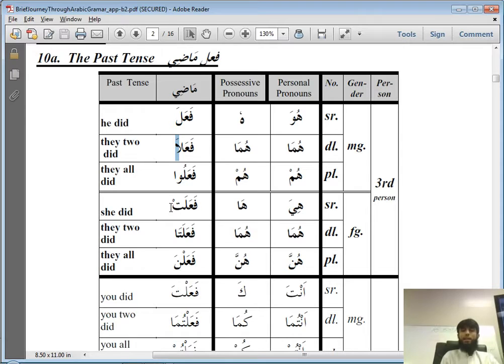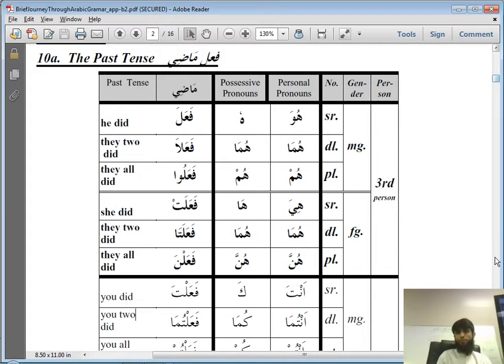Now for the female case, you just make it fa'ala and then you add a ta sakin. So it becomes she did. Fa'ala, fa'alat. Khalaqa, khalaqat. And then fa'alata for 2 females, and fa'alna for more than 2. Again, this is something that you can review.